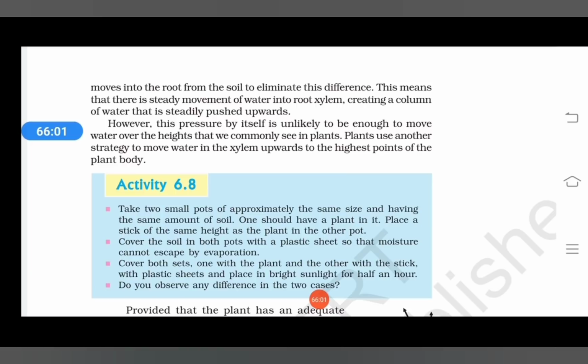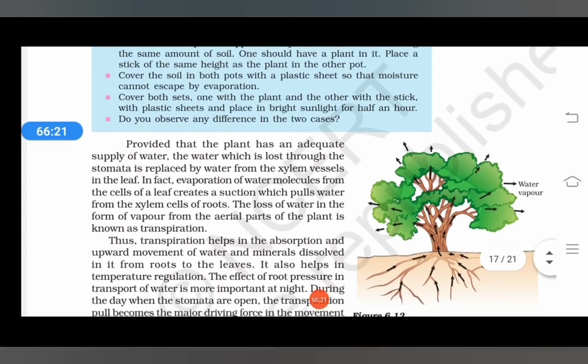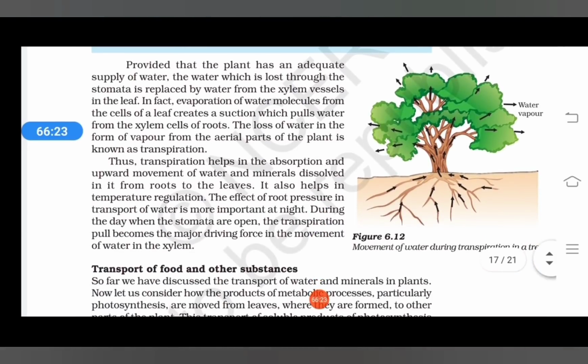However, this pressure by itself is unlikely to be enough to move water over the heights commonly seen in plants. Plants use another strategy to move water in the xylem upwards to the highest point of the plant body. Provided that the plant has an adequate supply of water, water is replaced from the xylem vessel in the leaf.